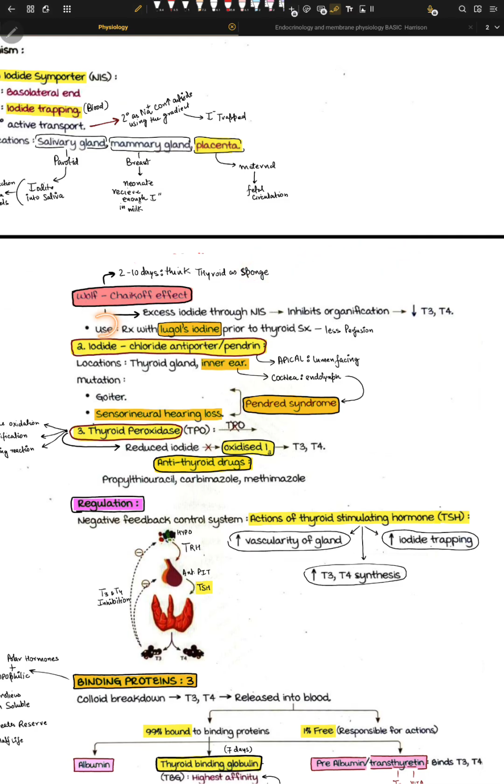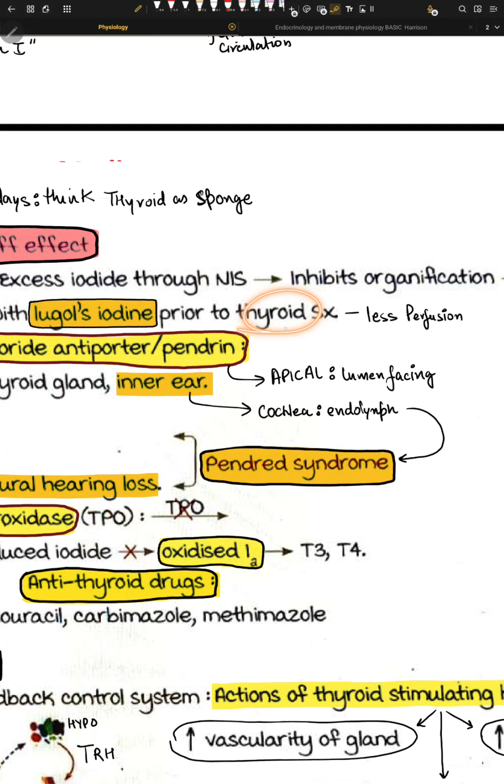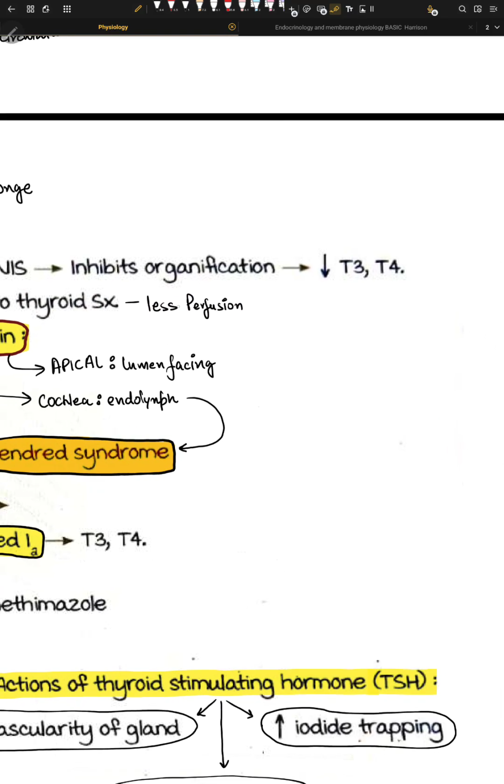So where's the use? This effect is used in the treatment with Lugol's iodine. We give something called Lugol's iodine prior to thyroid surgeries, and less perfusion of the thyroid gland happens. So what does it mean, less perfusion? It means less blood flow, right?